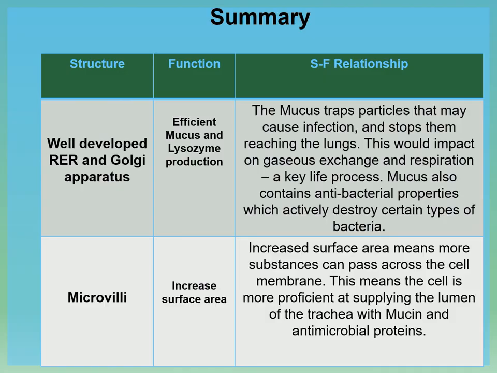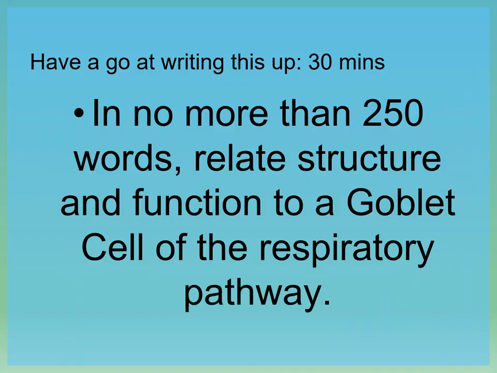So this is a summary of the goblet cell. It's got well-developed rough endoplasmic reticulum and Golgi bodies. Why? For the production of mucus. It's got microvilli to increase the speed or the rate of transfer of exocytosis of the mucus.